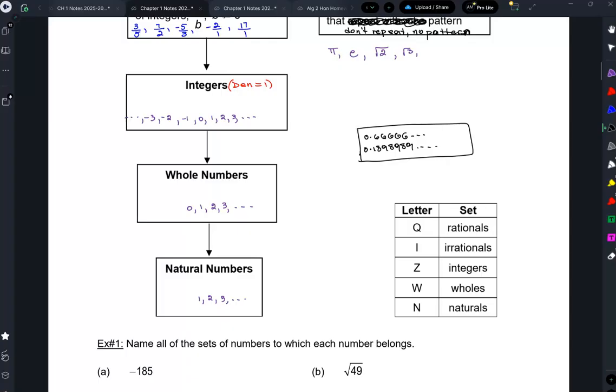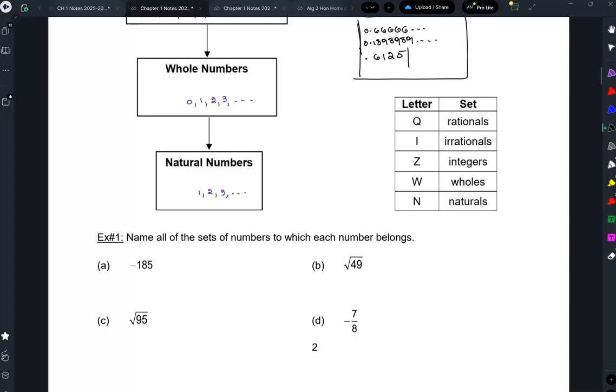There is a repetition. What about if I have something like this? Okay, so this one ends. It ends, so it's rational. If it never ended, then it would be irrational. Okay? Cool.